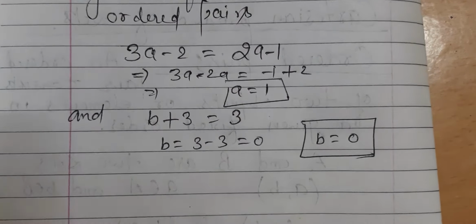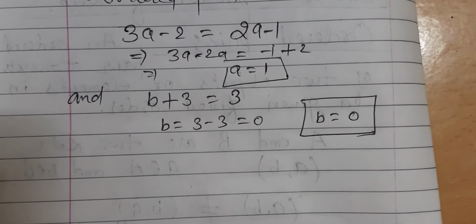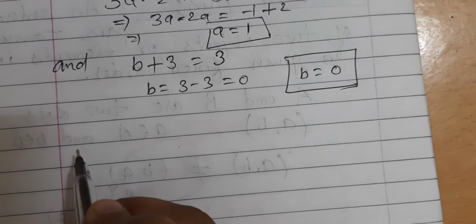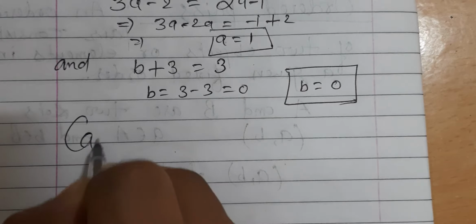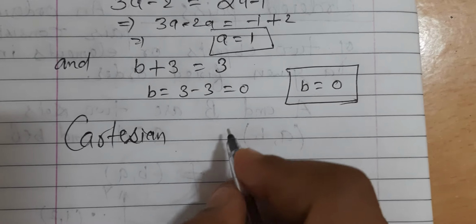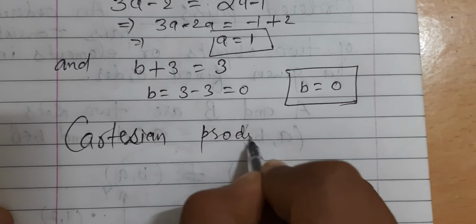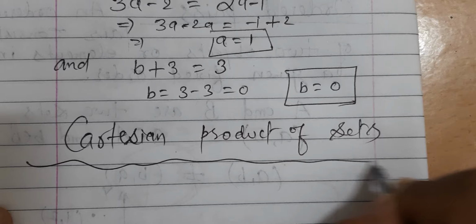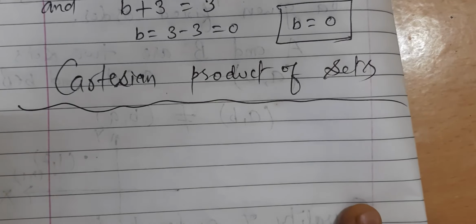Okay. Now after this ordered pair, let us define the next topic, the Cartesian product of sets.